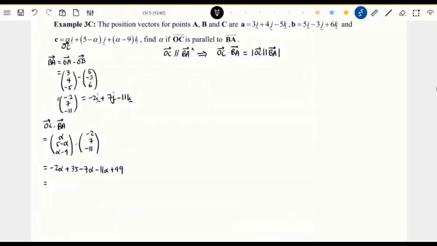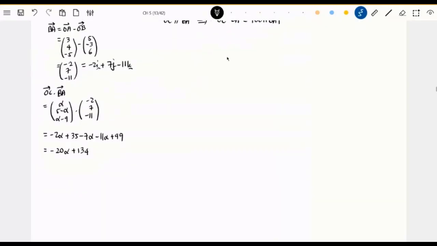Negative 2 minus 7 minus 11, so we get negative 20 alpha. Constant dapat berapa? Kira balik 35 tambah 99. 134. Okay, 134. Good. Alright, so we're done with the left hand side.